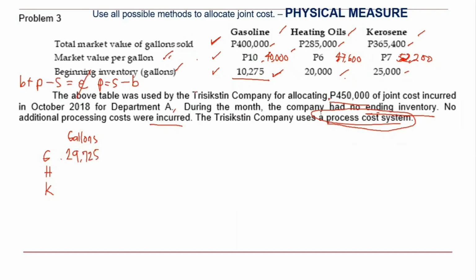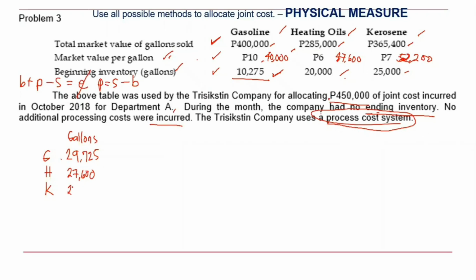Again, because we are only in our table, we are using the number of units or gallons produced. Klaro po tayo dun sana, ha? Okay. So going back, for H, that would be 47,000 minus 20,000. So that's 27,600. Ayan. For K, it's 52,200 minus 25,000.